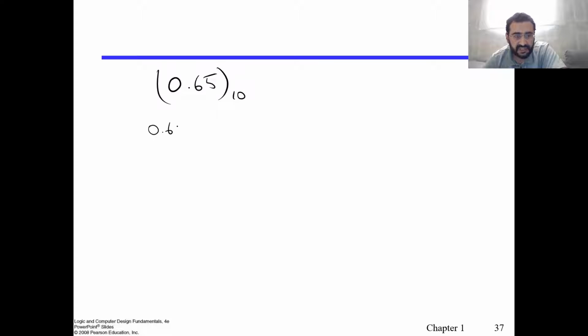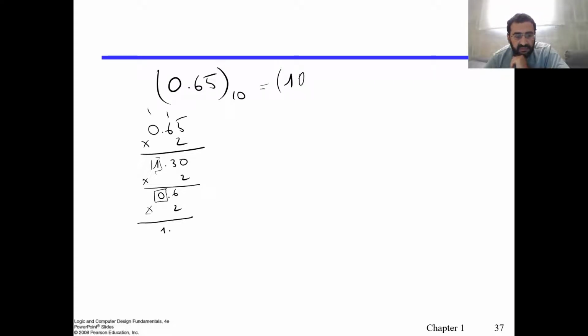So we'll make the successive multiplications. So 0.65 multiplied by 2 is 1.30. So we need to write the 1 that we got here, and we make the next multiplication. So this will be 0.6. We get 0. We write it here. Now we have 0.6 multiplied by 2, so 0.6 is 1.2.